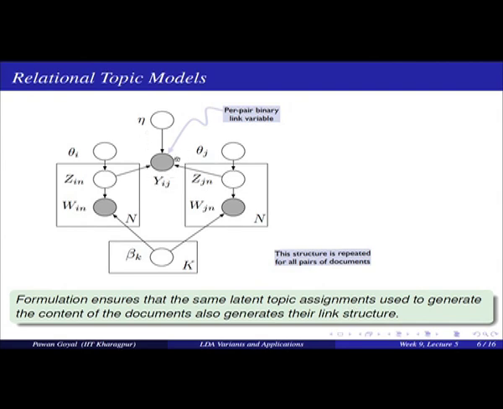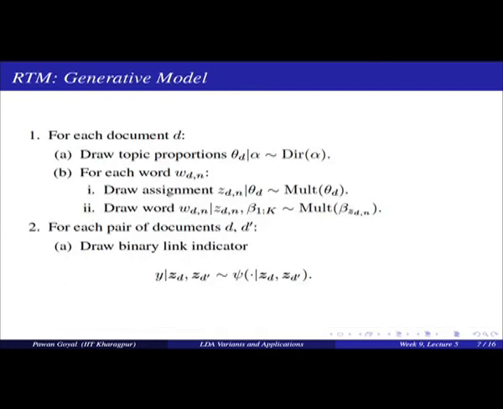Okay. Now, here is one problem. So, this is your simple model. This is what your LDA model is. Draw your topic proportions, then for each word draw the topic assignment and draw the word. Okay. Now, for the relational part, for each pair of documents D and D prime, what you are doing?